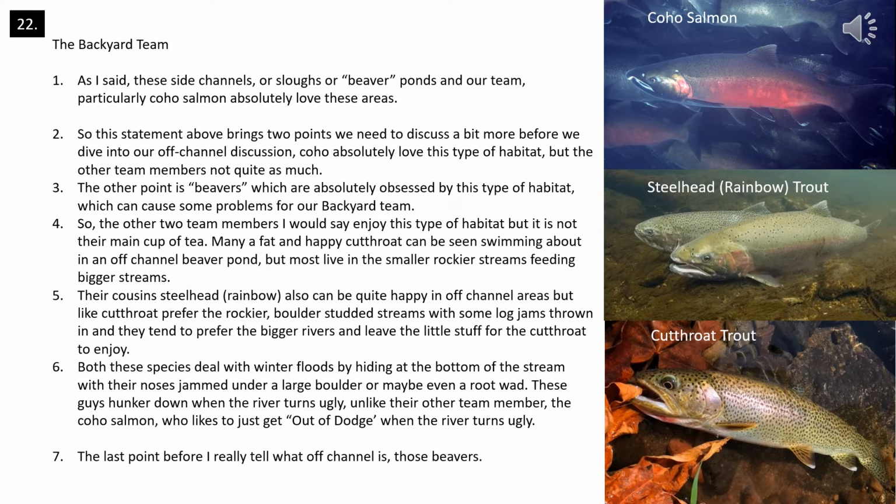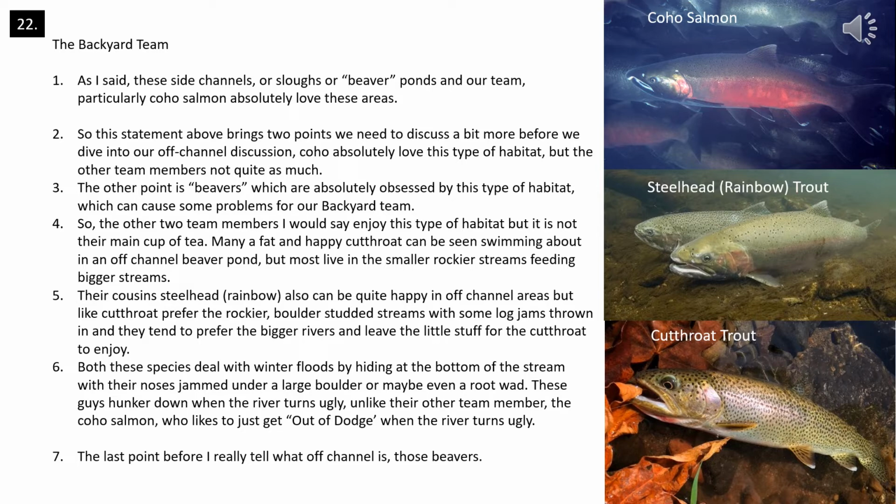The other team members, not so much. We've talked briefly about this when we were talking about those rock points created on Lynn Creek previously. The other point is beavers, which are absolutely obsessed by this type of habitat, which can cause some problems for our own backyard team.